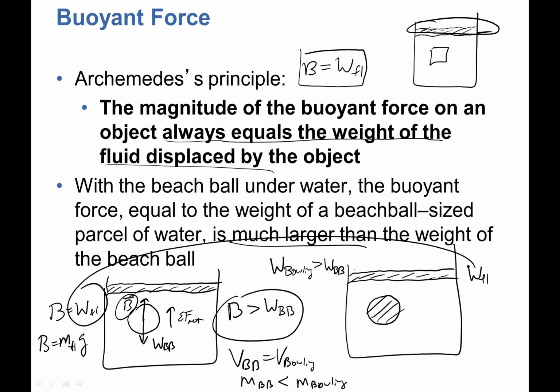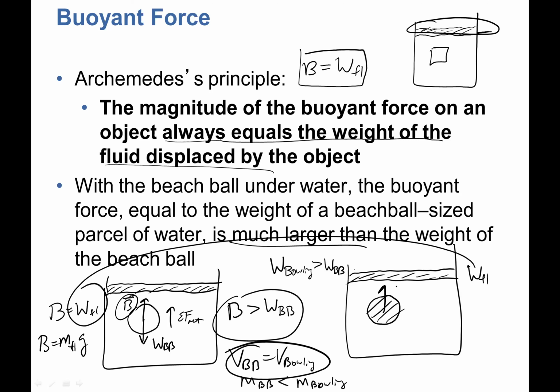But here's the thing. How much water is displaced has nothing to do with the mass of the bowling ball or the beach ball. It only depends on their volume. So even though the bowling ball is much heavier, it will still displace exactly the same amount of water because it has the same size, the same volume.